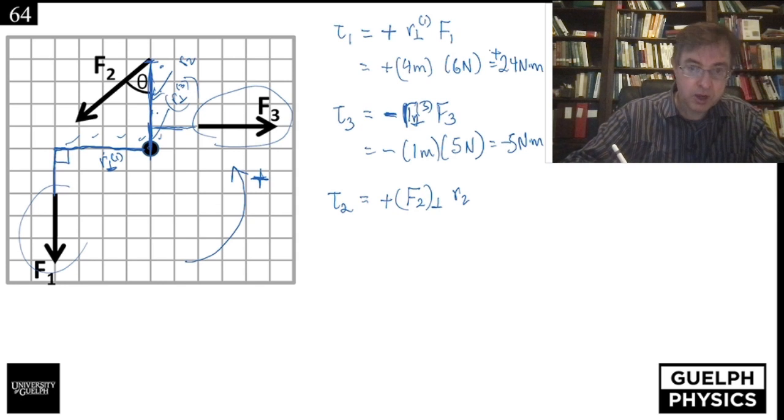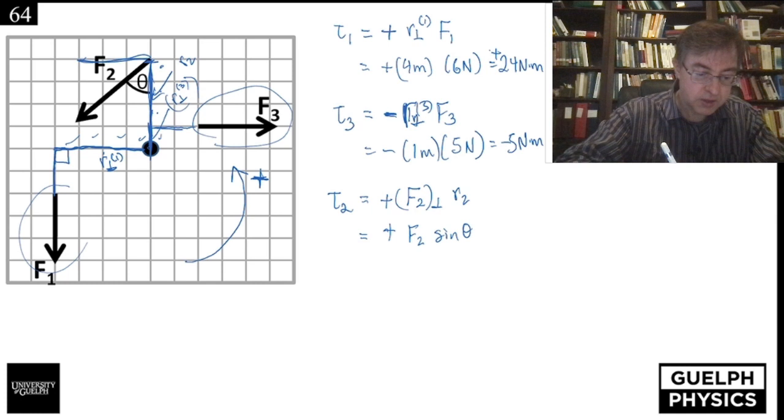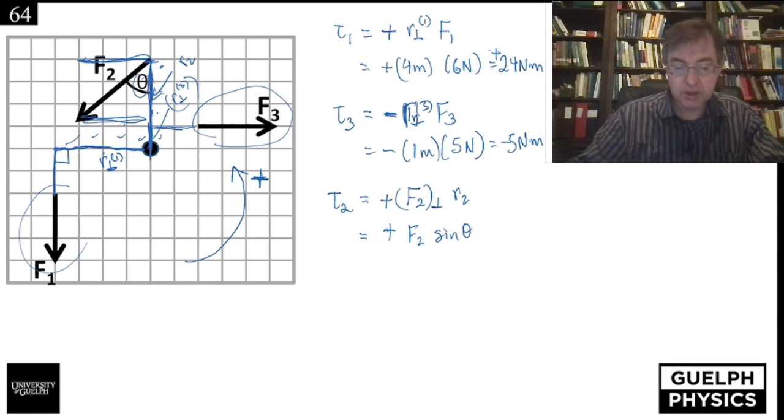F2 perpendicular is plus F2 sine theta, because F2 perpendicular is this or this, which is the opposite of the angle. So it's sine theta and R2.